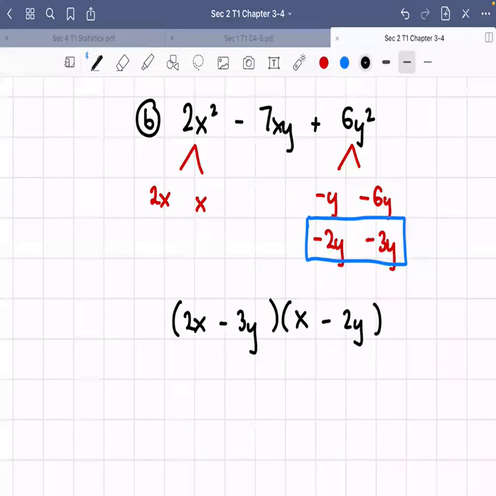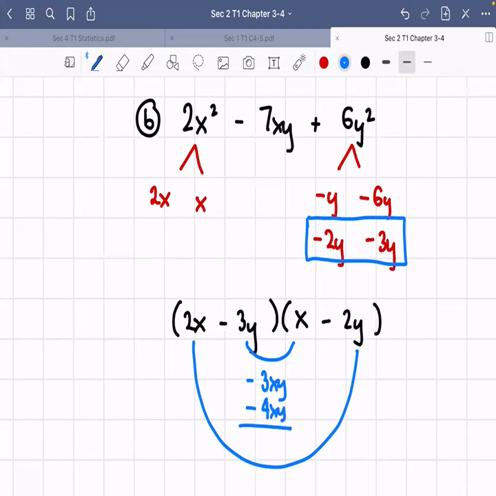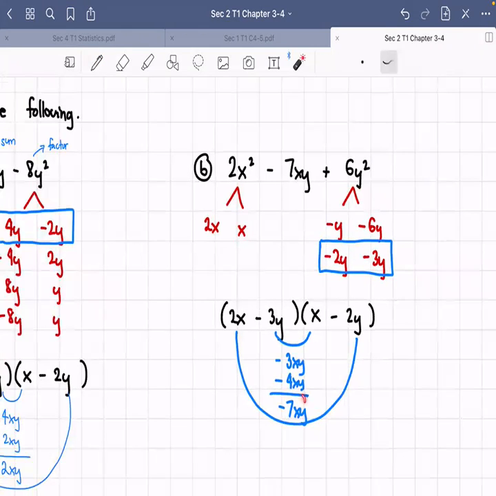Let's guess and check again. The inner is equal to negative 3xy, and then the outer is equal to negative 4xy. So this is equal to negative 7xy. So this is the same with this.